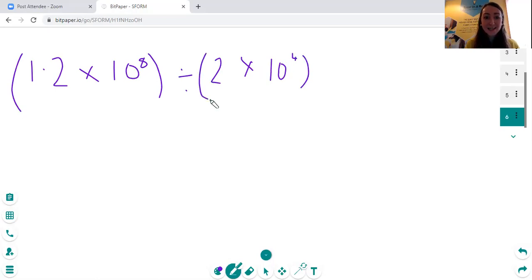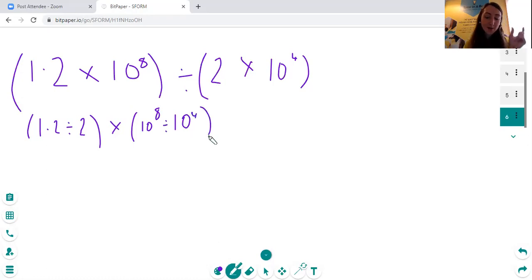Okay, so you'll notice here the big difference, we're dividing, not times, but it's exactly the same, okay? So the first thing we're going to do is put 1.2 divided by 2 at the front, okay? And then we are going to have the times, because remember, we are timesing them, to 10 to the power of 8 divided by 10 to the power of 4.